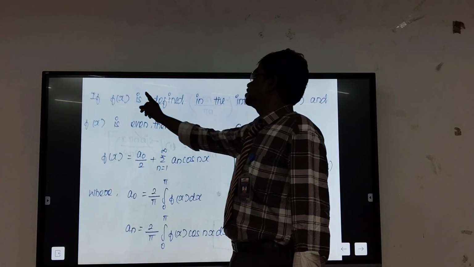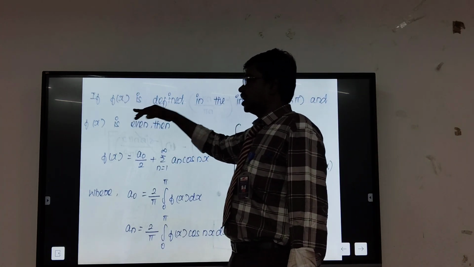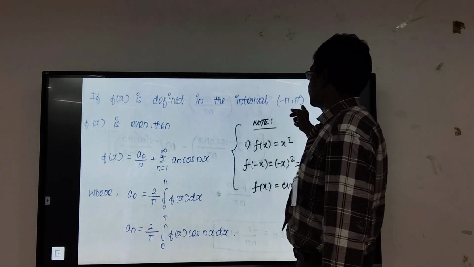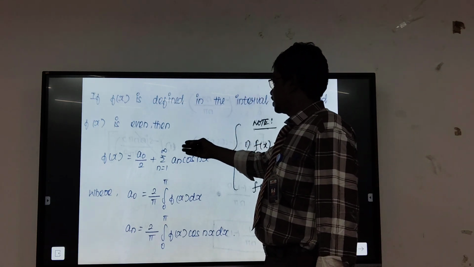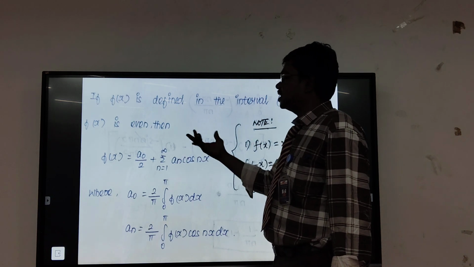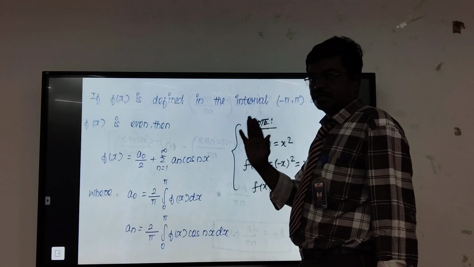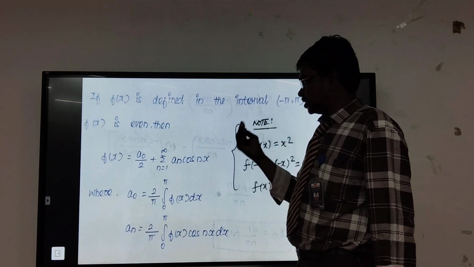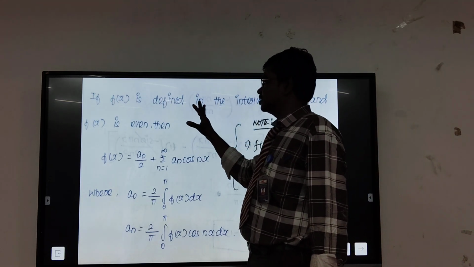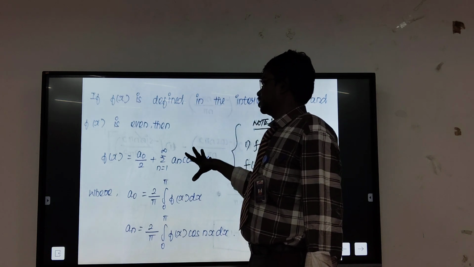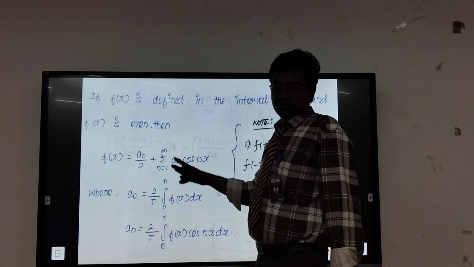Suppose the function is an even function and the interval is minus pi, pi. So we can reduce the formula. Here bn is 0. In the general formula for minus pi, pi, we can find a naught, an, bn. Suppose the function is even, we can simplify the formula. bn is 0.